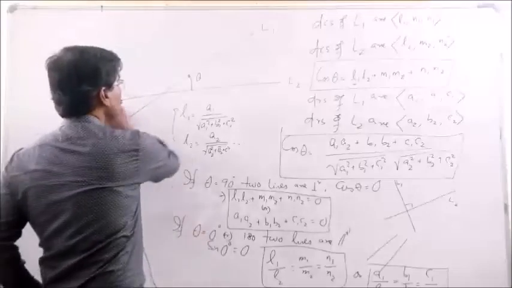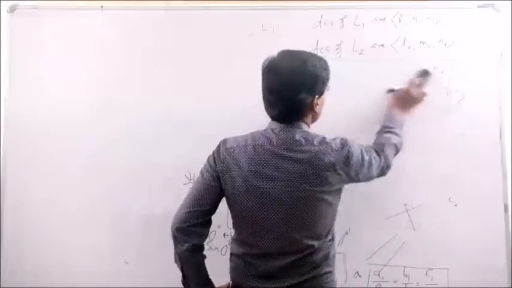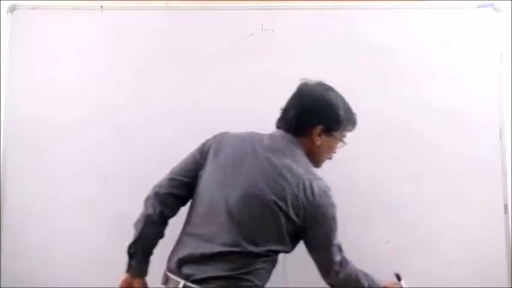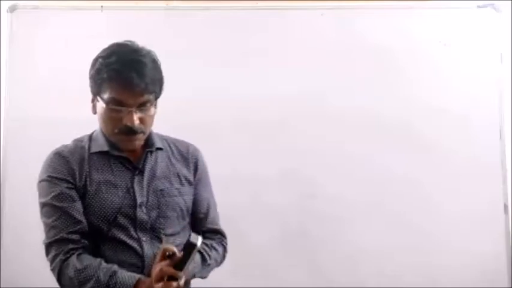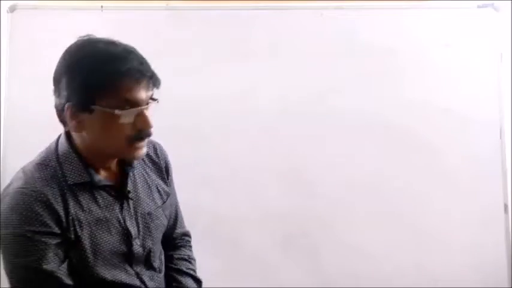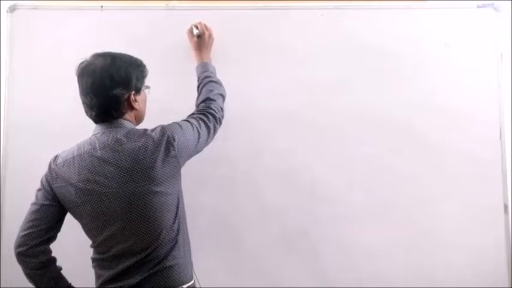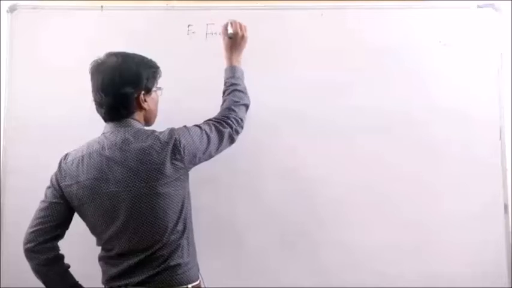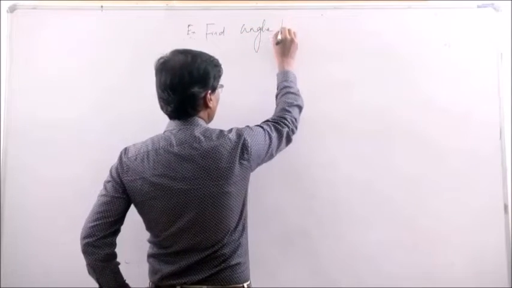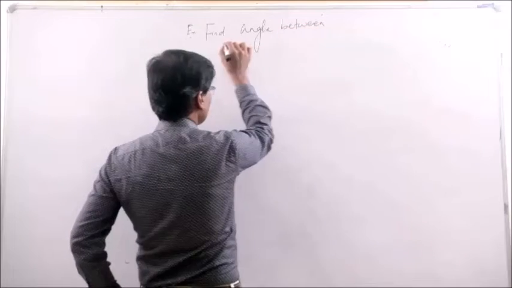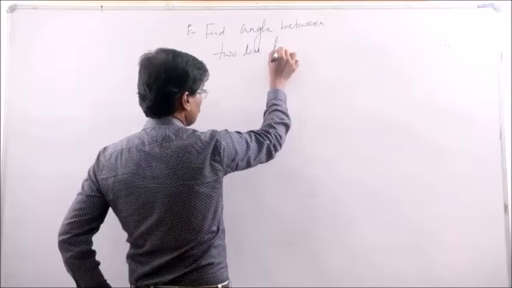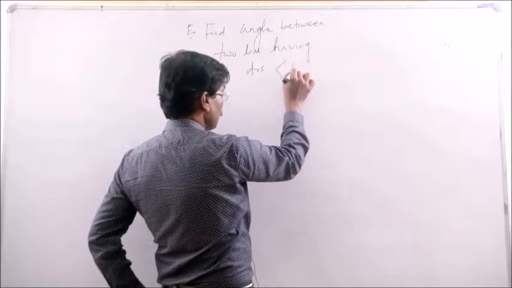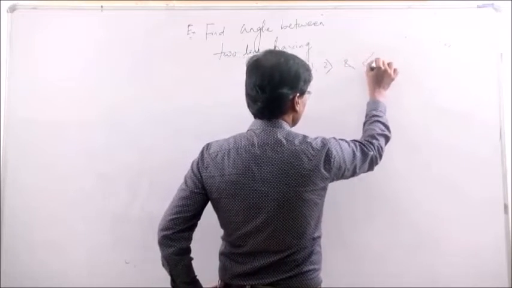So, we can take some more examples. Say, take one example, that is, find angle between two lines having direction ratios 4, -1, 2 and 3, 4, 1.